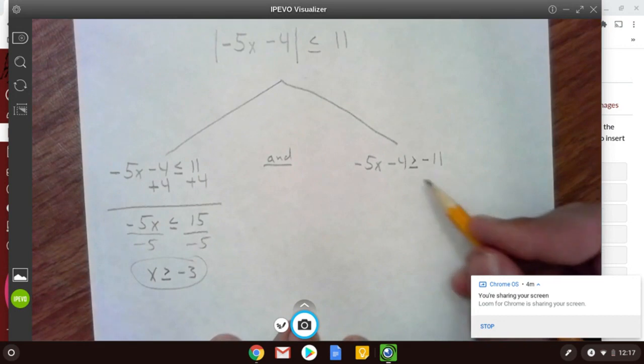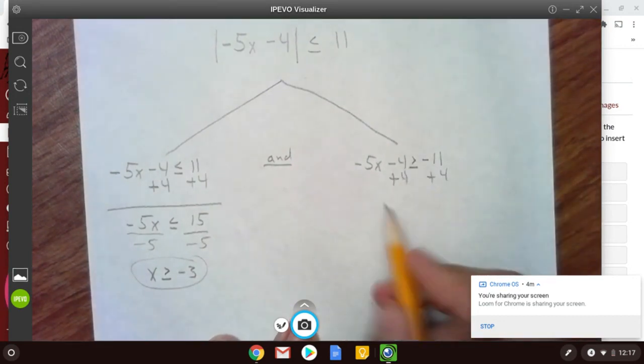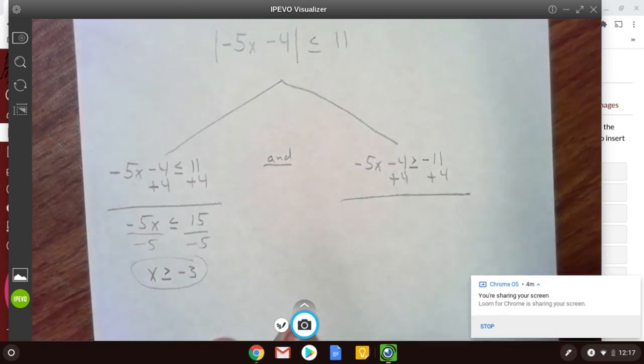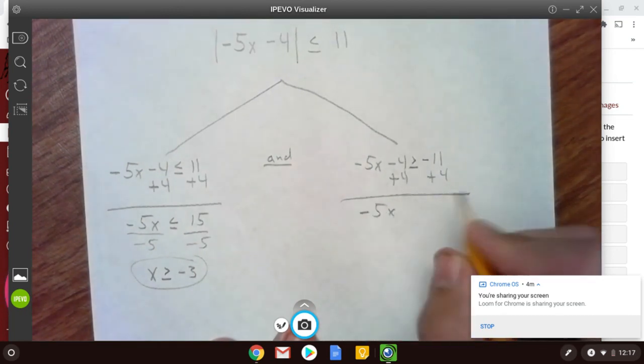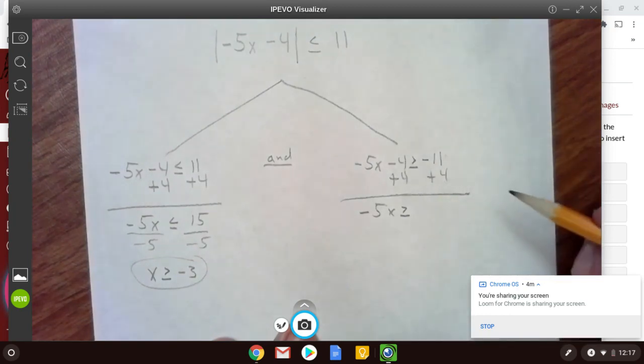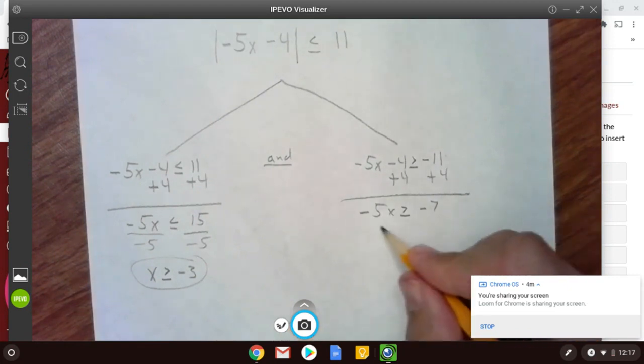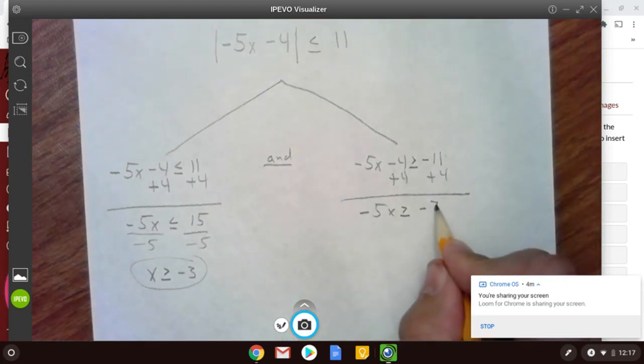All right. And then on this side, add 4 to both sides. We'll get -5x is greater than or equal to -11 plus 4. That's going to be -7. All right, and then divide by -5.